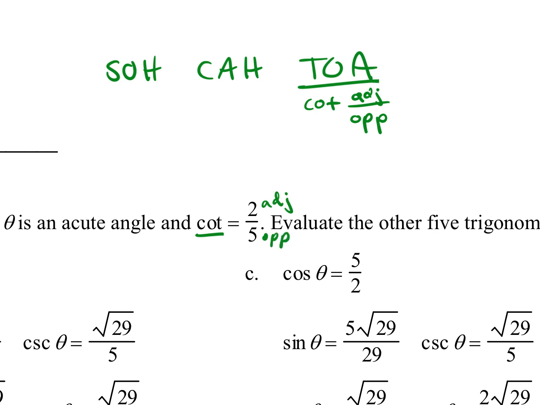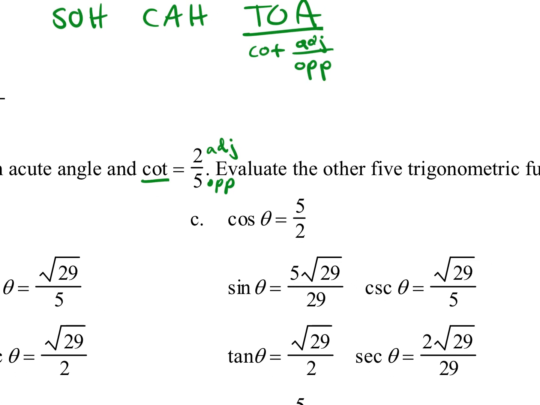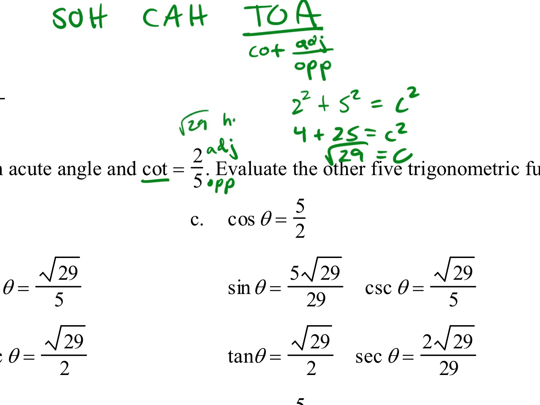How do we find the hypotenuse? Awesome. A squared plus B squared equals C squared, where C is always the hypotenuse. So 2 squared plus 5 squared is equal to, we'll call it C squared, or you could call it H squared if you wanted. So 4 plus 25 is equal to C squared. So C would be square root 29.